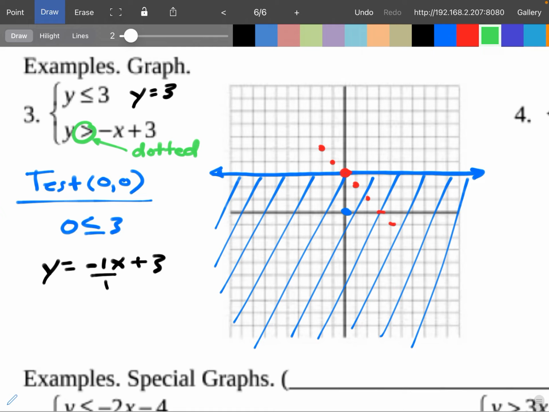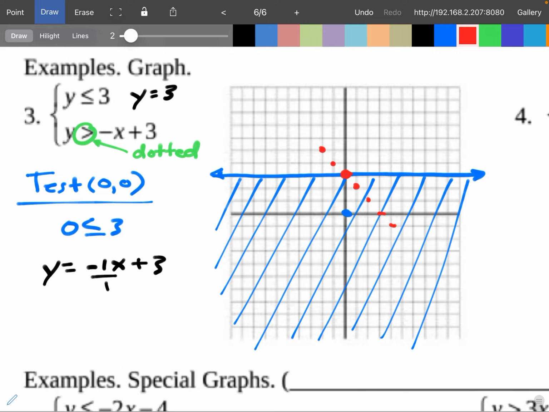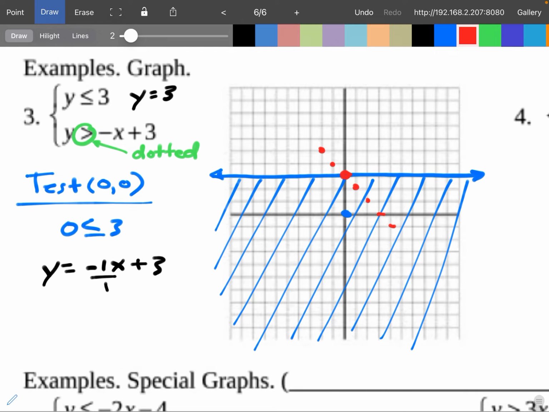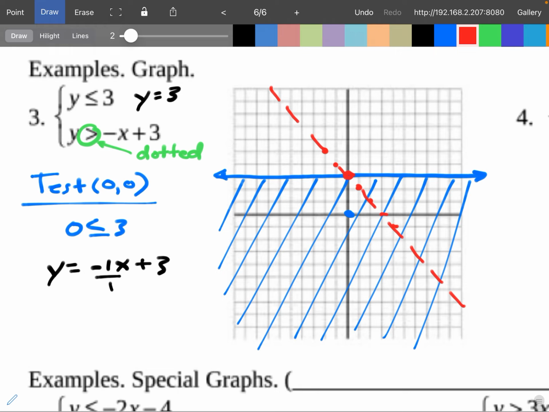Okay. So now what about on this bottom line? Is this right here, is that dotted or solid? That's dotted. If it doesn't have the equal to bar, it's got to be a dotted or dashed line. So let's make a little note of that here. So this thing has no equal to bar on it, so I know that this is going to be a dotted line.